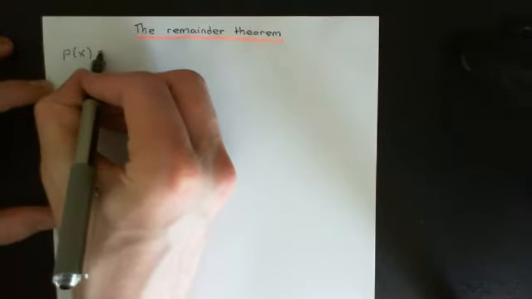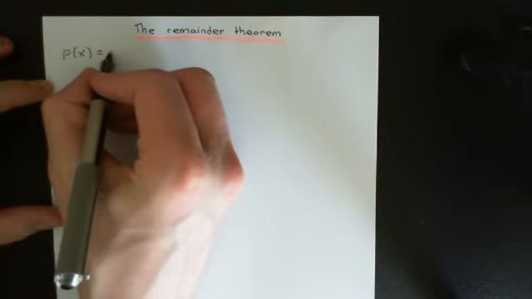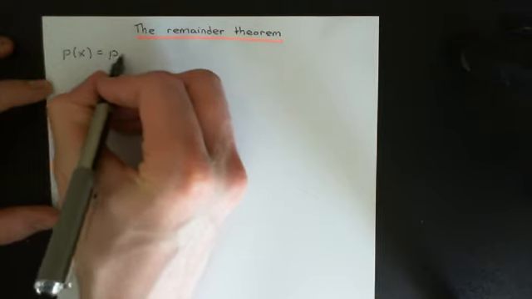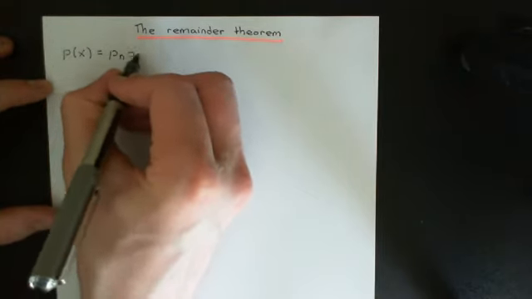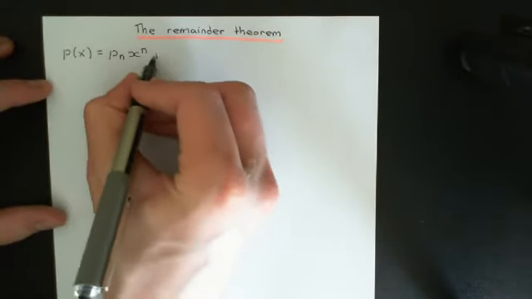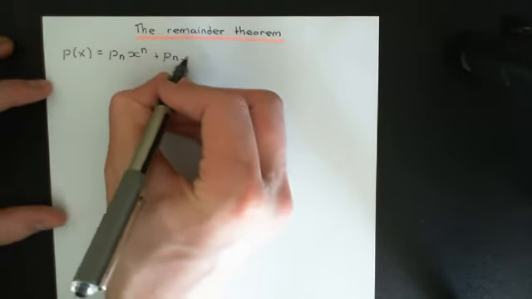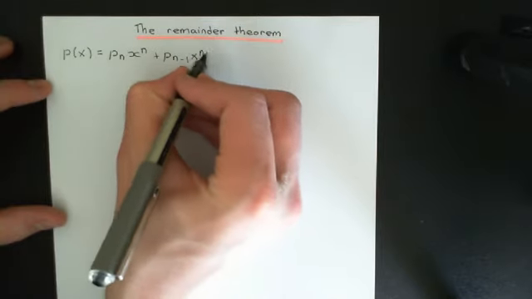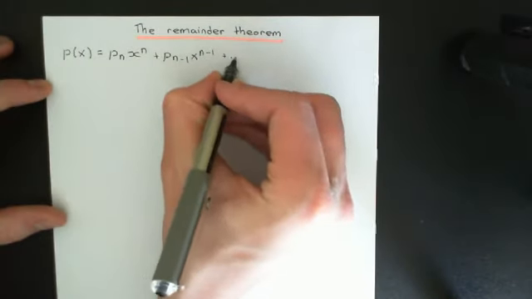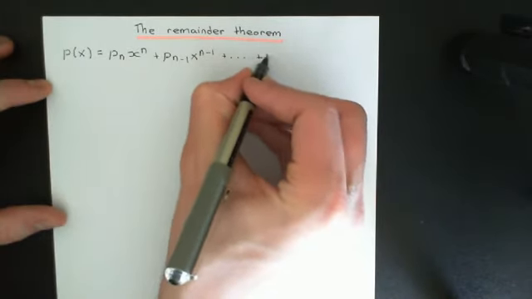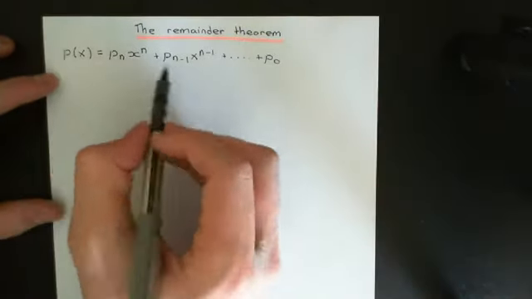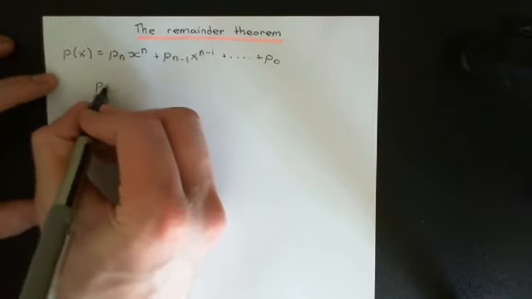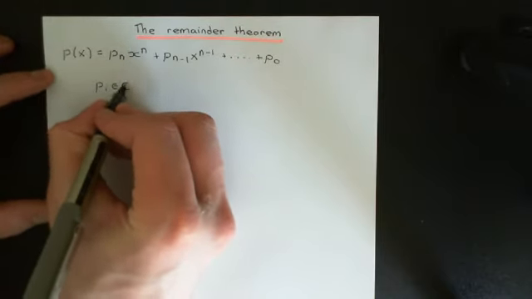Let's say that our polynomial has degree n, so I might write our polynomial out as p_n times x to the power of n, plus p_(n-1) times x to the power of n minus 1, plus all the way down to plus p_0. These p_i's are all just coefficients, which are complex numbers.